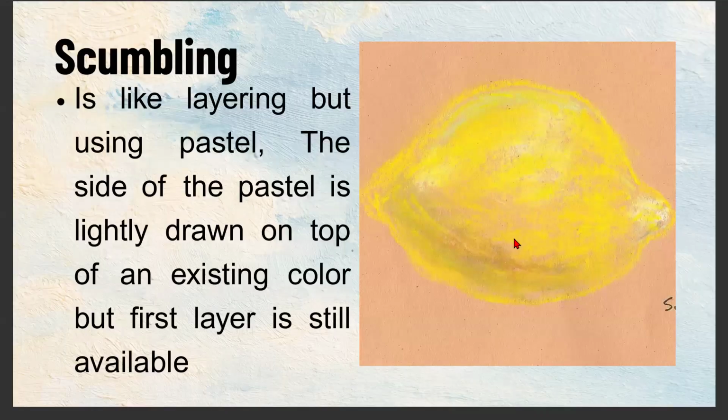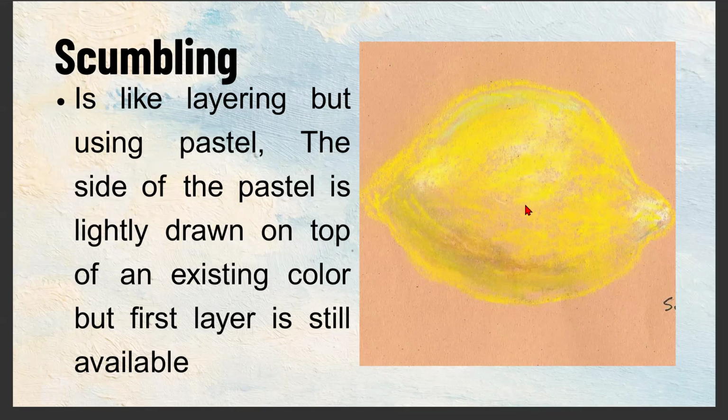Then the next one is scumbling. When it comes to scumbling, the main highlight of this one is the layering of colors. The base color is still visible, but you're layering it with other colors, sometimes other variations of that same color.